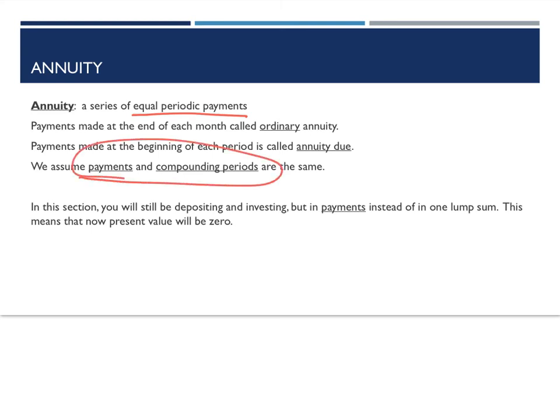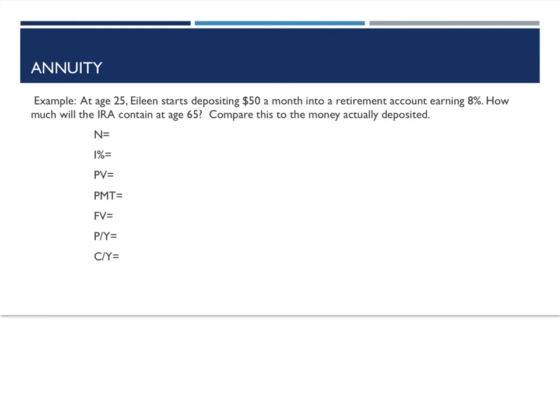Remember, we assume payments and compounding periods are the same. So it's in this section that really comes to fruition. Eileen starts at age 25 depositing $50 a month. If she does it $50 a month, that's not a one-time at the beginning investment. That is a payment.